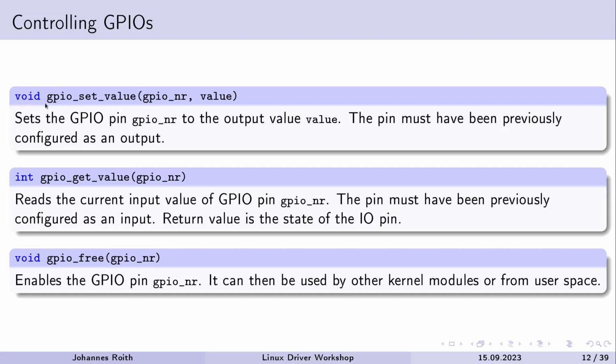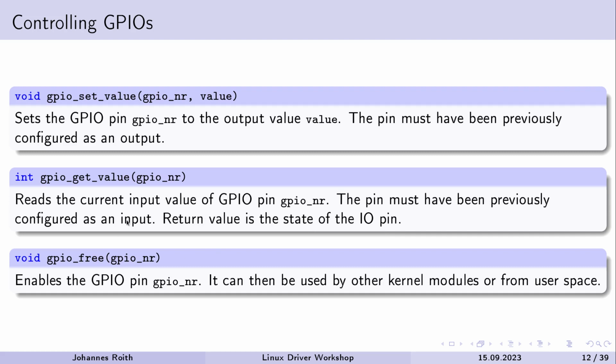And you see it's a void function here, so you won't get an error code, for example, if you have configured this pin as an input previously. To read in the input value of a GPIO pin, you can use the gpio_get_value function, and you only have to pass the GPIO number you're interested in, and it will return 0 or 1 depending on the current state of the GPIO.